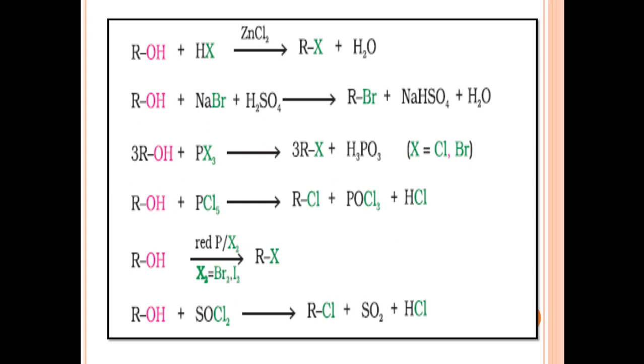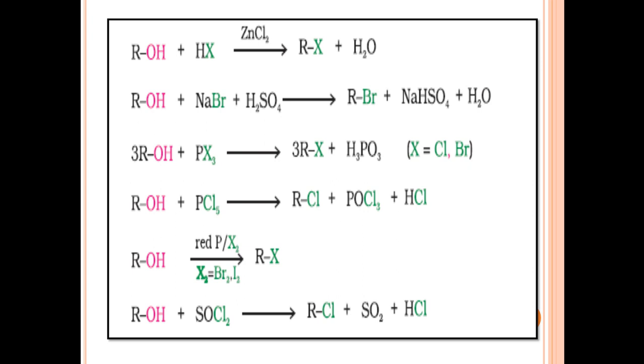Alkyl alcohol when reacted with PX3, a tri-halogen compound of phosphorus like PCl3, PBr3, will give us RX plus H3PO3, phosphorus acid. Children, you should remember that phosphoric acid is not prepared in this reaction.